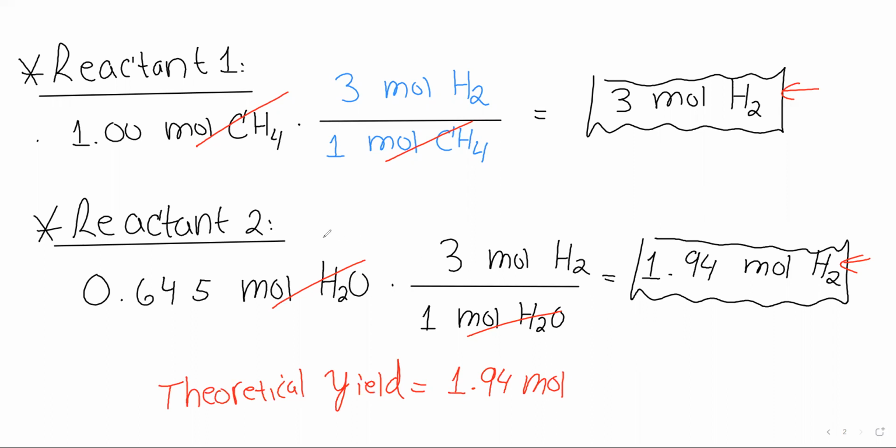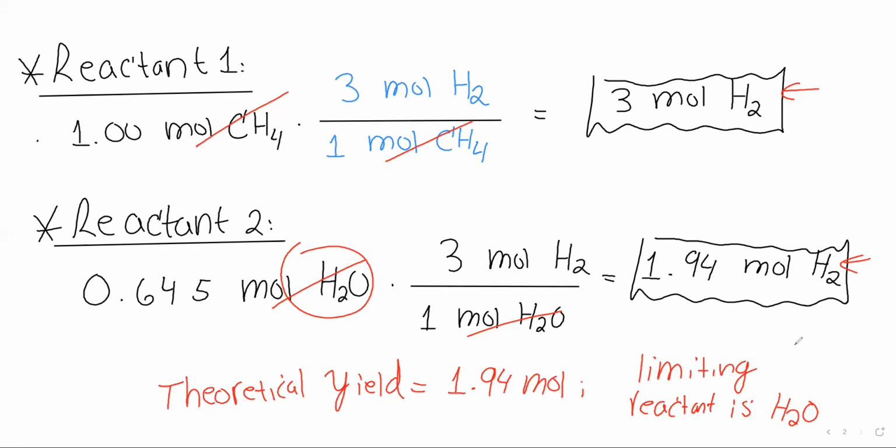Now, the reactant that gave you that smaller number is the limiting reactant. So limiting reactant is H2O. This just means although methane had the potential to generate 3 moles of product, it's not going to reach that point.